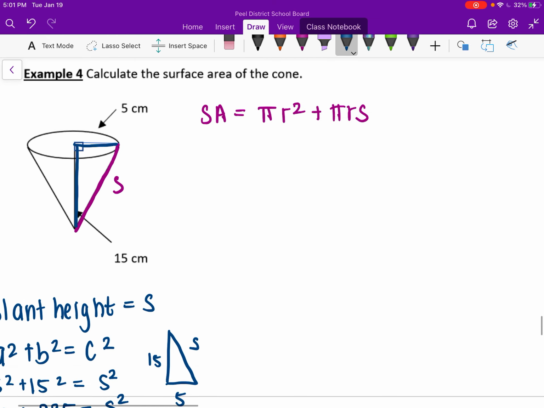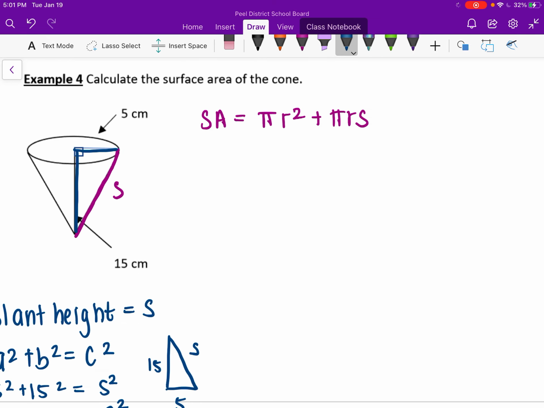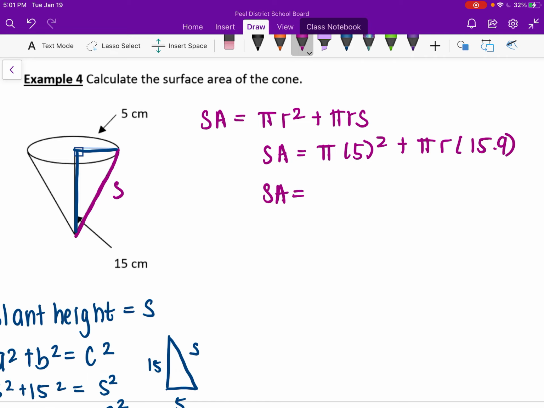Now that I have my s and I have my r, I can use the formula. So pi r squared plus pi r s, where s is 15.9. Surface area is equal to pi times 5 squared, which is 25, plus pi, oops, I forgot to put the 5 in here. My r was 5.